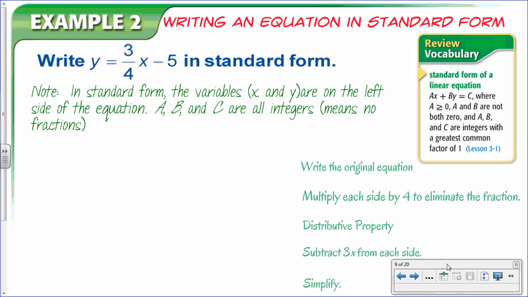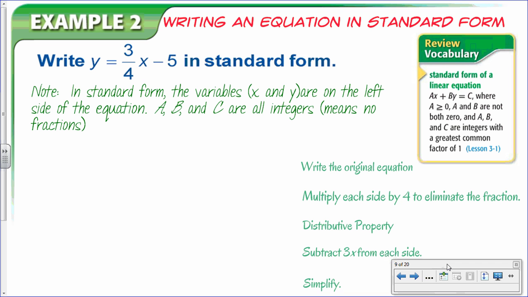How's that sound? All right, so here's some things that you have to remember. See this little box? Do you have that on your paper? Okay, let's read over that. Standard form linear equation, ax plus by equals what? C. Where a is greater than or equal to what? Oh, 0, sorry. So my a, the number that's in front of the x, can it be a negative number?